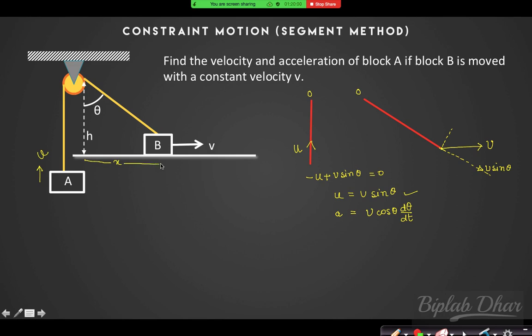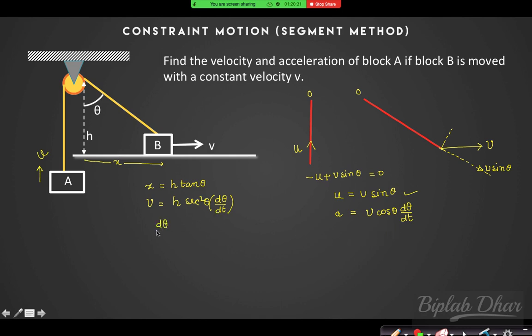This x, I can say that x is equal to h tan theta. So what is dx by dt? It is v or not? Can I say it is h sec square theta into d theta by dt? Can I write this equation? From there, can you find d theta by dt and put it here?